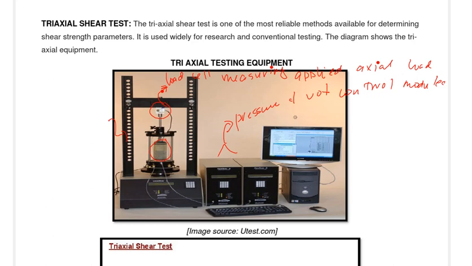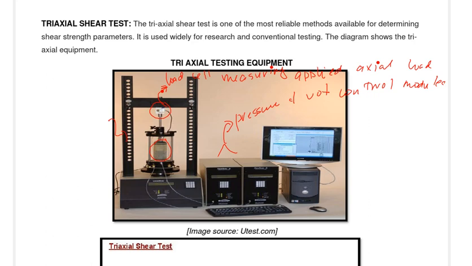So the cell is connected to this pressure and volume control modules, which are used to regulate and measure the pressure within the cell, as well as to control the drainage ng ating pore fluid dito sa ating specimen.